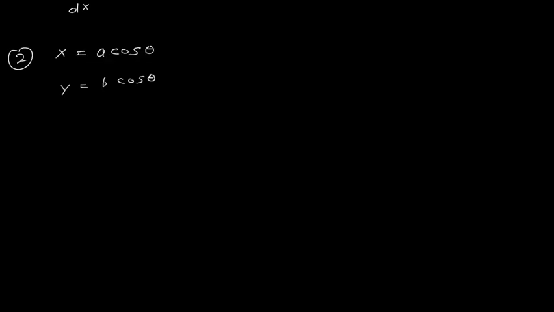Second question. In this second problem, x is equals to a cos theta and y is equals to b sin theta. So dx upon d theta, if you find dx upon d theta, you will get minus a into sin theta, and dy upon d theta is minus b into sin theta.